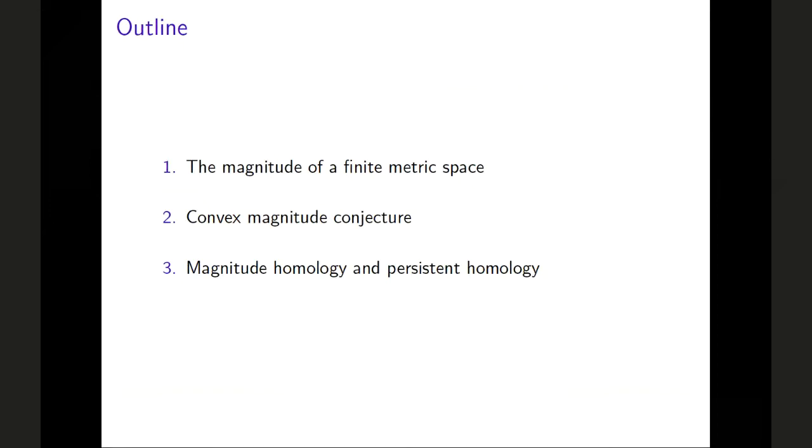And the other one is the area around magnitude homology, which seeks to find a categorification of magnitude in a similar way as, for example, singular homology categorifies the Euler characteristic. And then I will explain how magnitude homology is related to persistent homology, and also how maybe these two different points, 2 and 3, could be related.